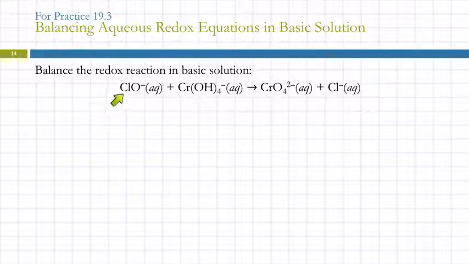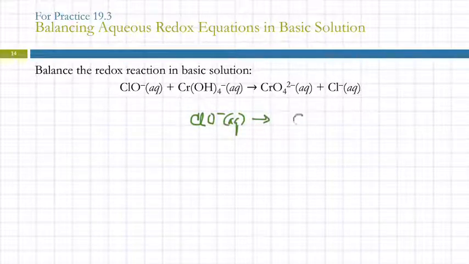What goes with the ClO minus? So I've got ClO minus on this side. Which of those is going to be on the other side of the half reaction? The chloride. So I've got ClO minus, and on this side I'm going to have chloride. And so I used this guy and that guy, and I've got these 2 left.